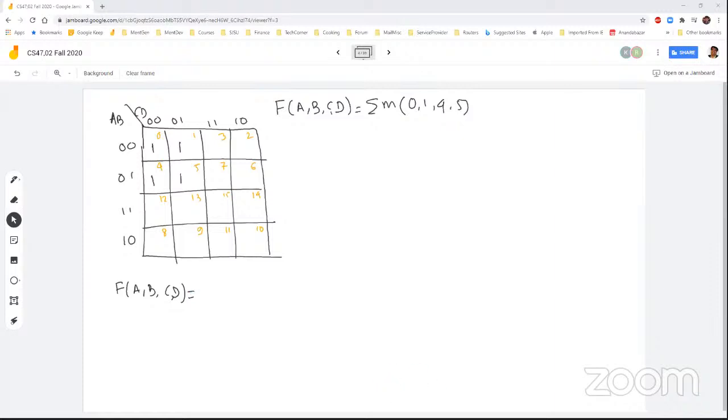We can just write down the reduced form of this, which in this case is A bar C bar, right? Because we see B is varying within this group, so we are grouping. Let me mark the group. We are grouping these.